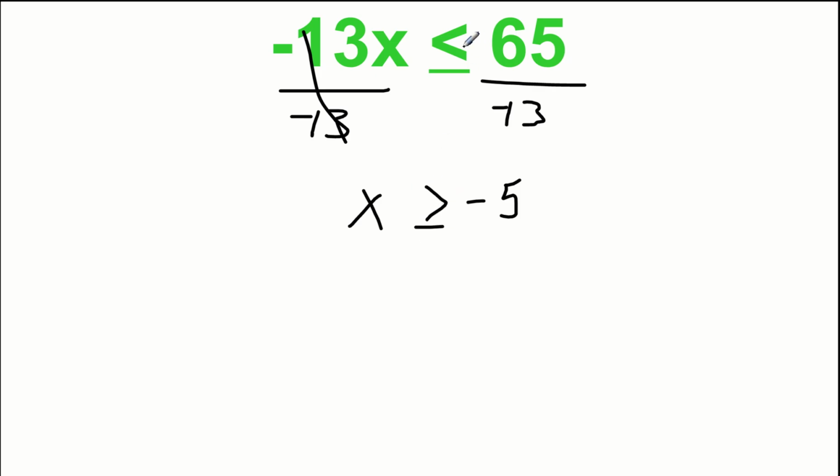So instead of less than, okay, is only if the number in front of the variable is negative. If you have a negative coefficient that you divide by, that's the only time. Any questions on that?